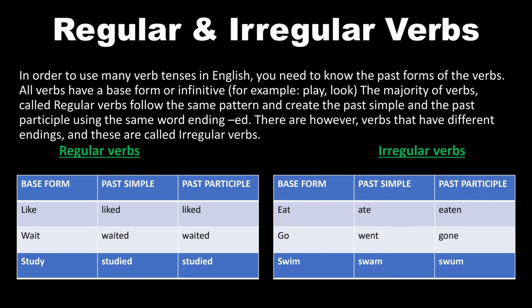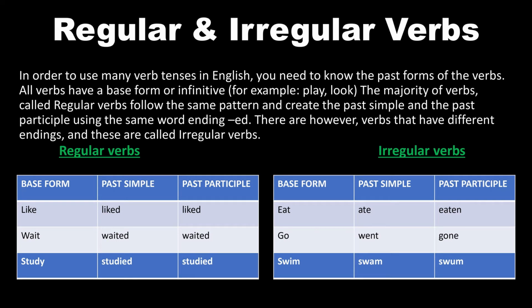First example, regular verbs: like, liked, liked; wait, waited, waited; study, studied, studied. These are the three forms of verbs: base form, past simple and the third one is past participle. In irregular verbs, we change the forms, like eat, ate, eaten; go, went, gone; swim, swam, swum.